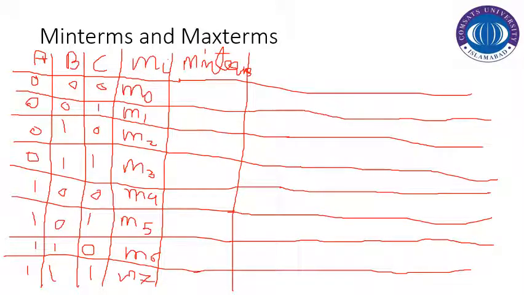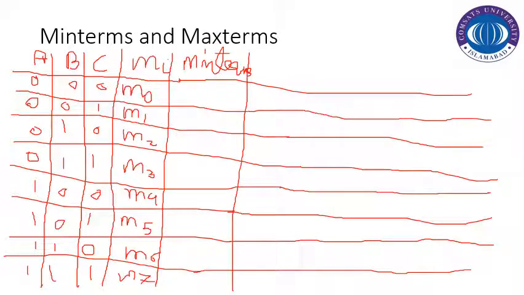Since we know that min terms are the terms that contribute 1 to the output, if this first combination has to produce 1 in the output and we are using the AND operation, then we have to apply these in a complemented format basically. So A should be A prime, this should be B prime, and this should be C prime. So if you see a value that is 0 in a truth table, you represent it in its complemented notation. And if you see a value 1 in the truth table, you represent it in the original notation, that is in the true form.